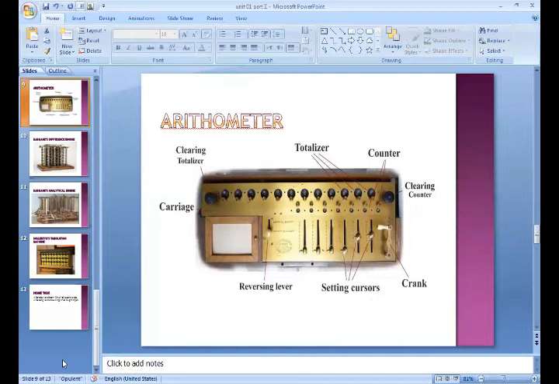Colmar's mechanical calculator, the arithmometer, presented a more practical form with enhanced arithmetic and was widely used until the First World War. Okay, you see some parts here: carriage, counter, clearing counter, track, setting processor, reversing lever. It reverses the value for addition and subtraction.